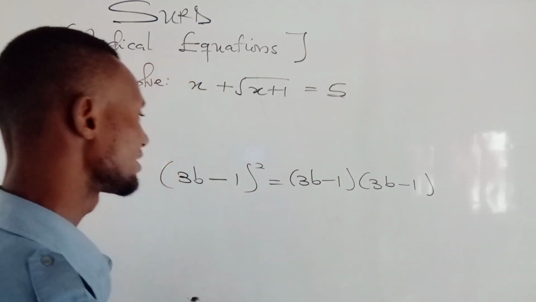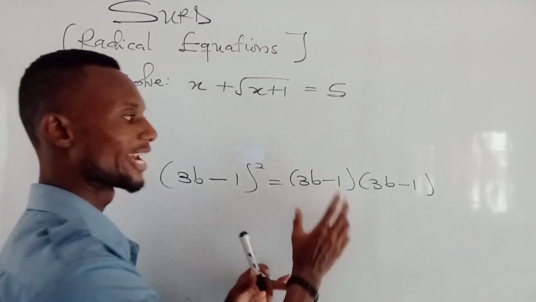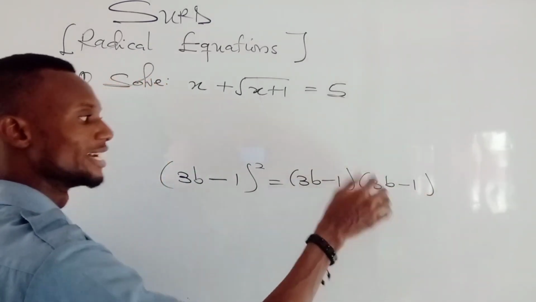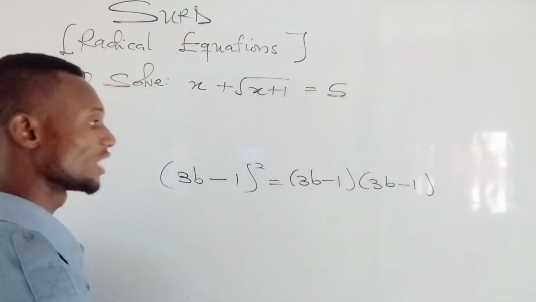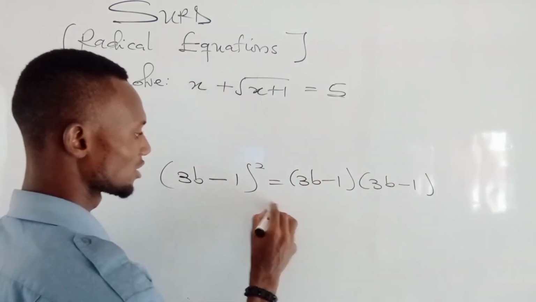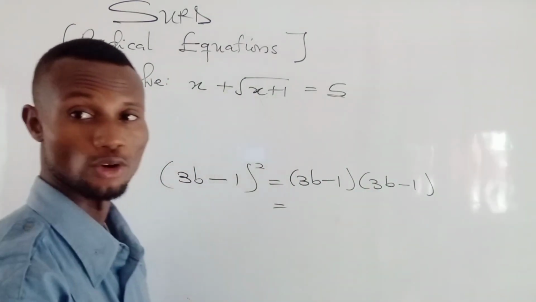So we can write it as 3b minus 1 in one bracket, multiplying another bracket which has 3b minus 1 in it. Now from here we follow the process of the multiplication of 2 binomials approach.